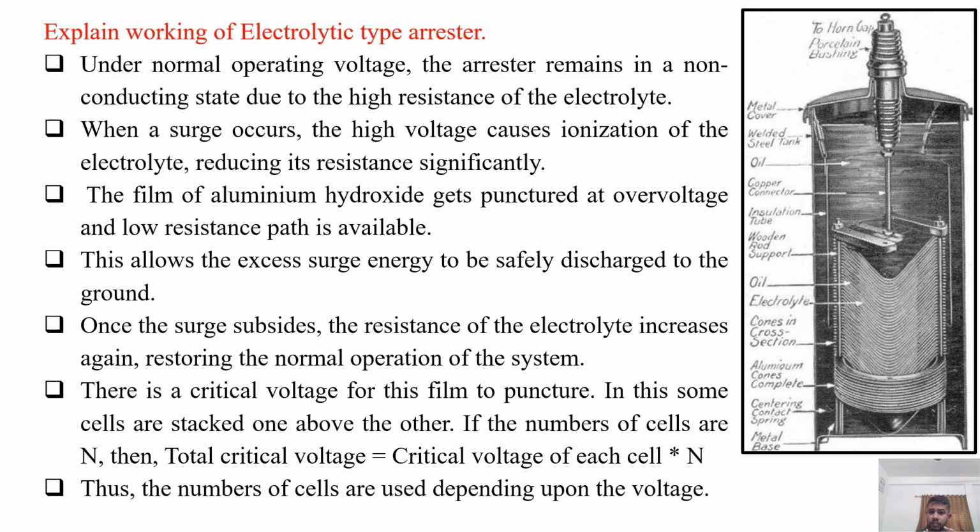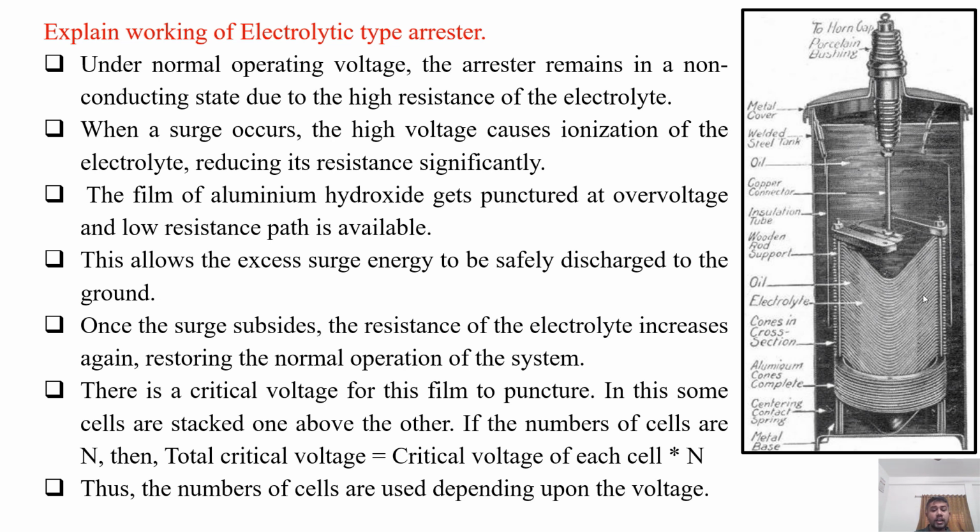Once the surge subsides, the resistance of the electrolyte increases again, restoring the normal operation of the system and the high value of the resistance. There is a critical voltage for the film to puncture. In this, some cells are stacked one above the other.